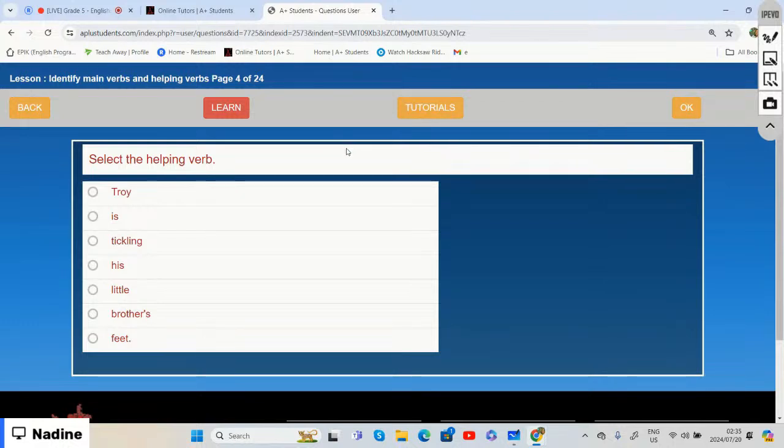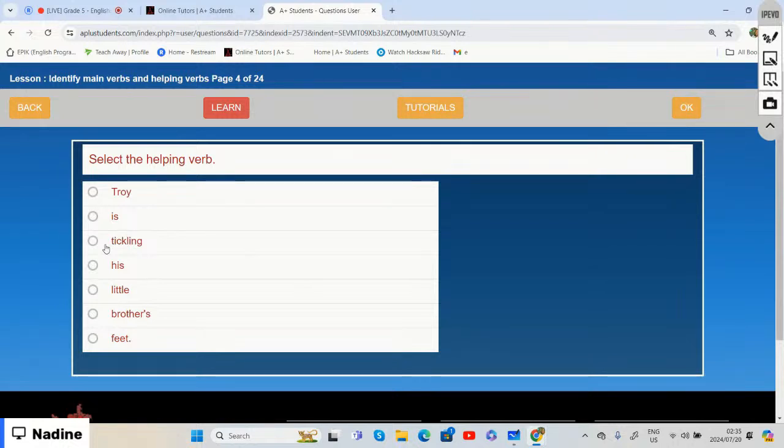All you do is identify the verbs first, and then once you find the verb, you'll be able to see where the helping verb is that assists the main verb. So Troy is tickling his little brother's feet, right? If we look at this one, the main verb is tickling.